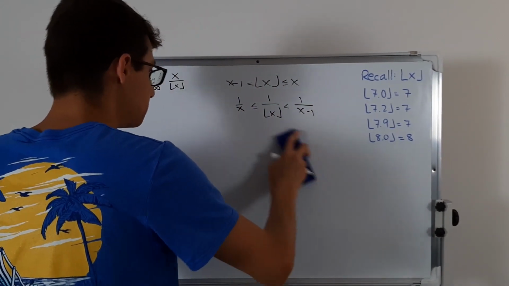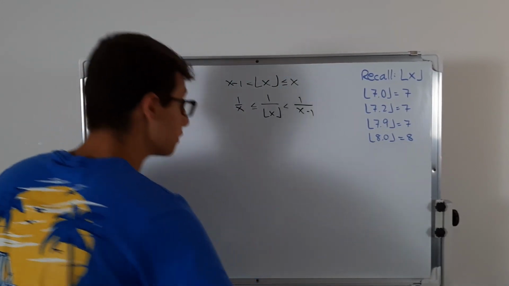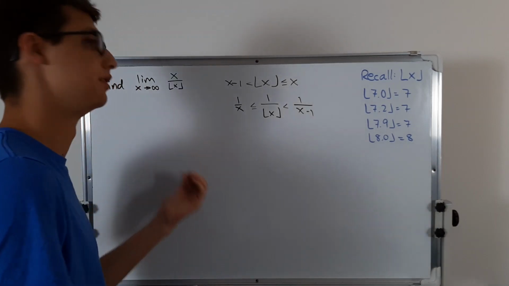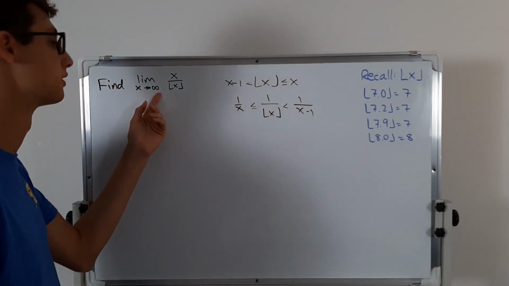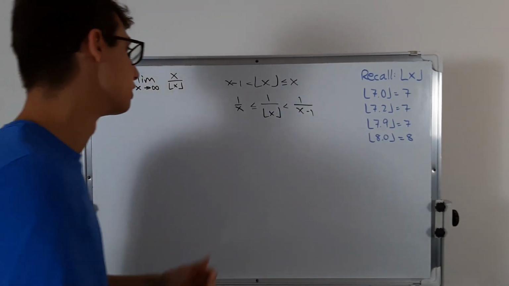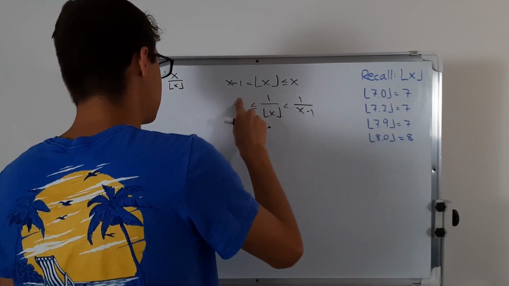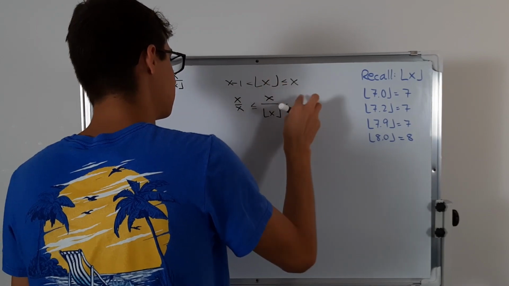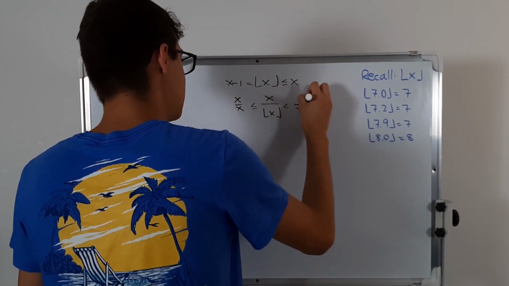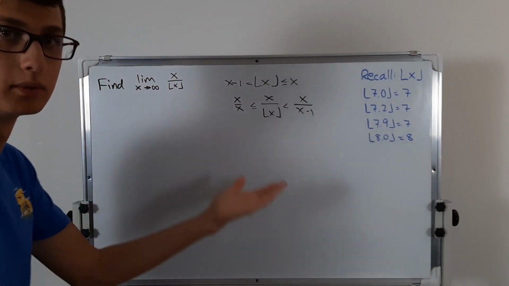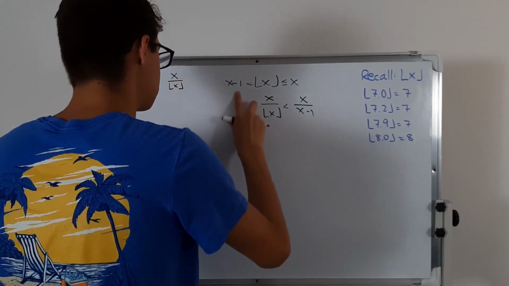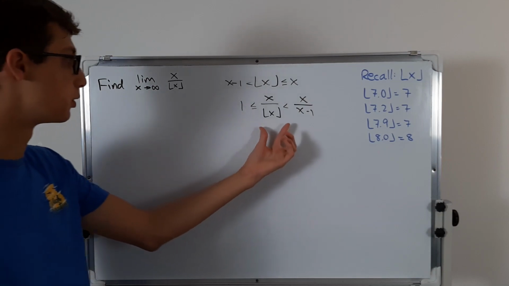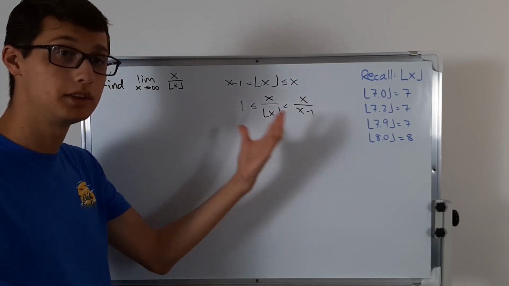So then what I can do from here is simply multiply all sides by x, assuming x isn't 0, but we don't really have to worry about that because it's going to be a really big number anyway. So I'll scrub this out and then write the x's there instead. And then x over x, when x isn't 0, is just going to simplify to 1. So we have this form now, and we can apply the squeeze theorem.